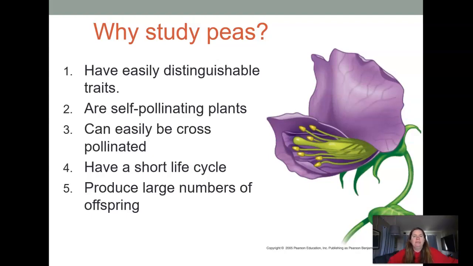Another nice thing about pea plants is that they can self-fertilize. In other words, he can use the same plant to pollinate itself. And this allowed him to breed plants that were true. In other words, all of the plants that he started with in the parent generation were homozygous. And that will come up. I'll talk about why that's important later. And while those plants were able to be self-pollinated, he could also quite easily cross-pollinate them.